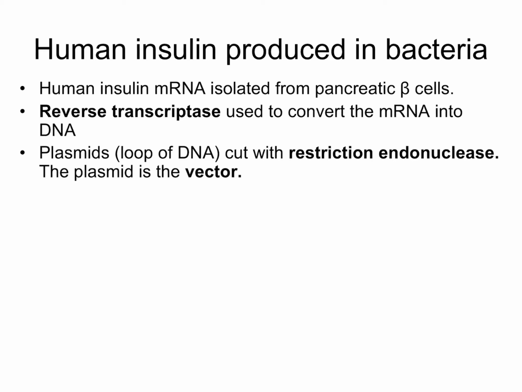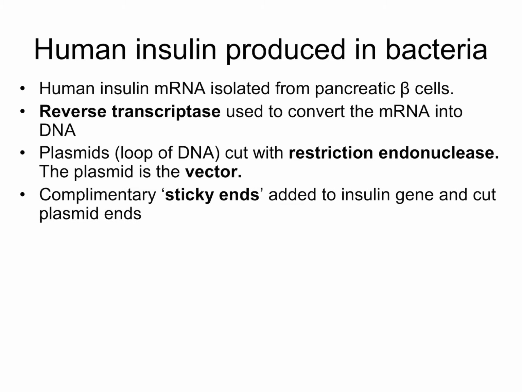Now, for the plasmid, you can buy these plasmids, or you could extract them from bacteria. The plasmids will be cut with a restriction endonuclease, and the plasmid is what we call a vector. A plasmid allows us to move DNA from one species to another, so that's why we call it the vector.